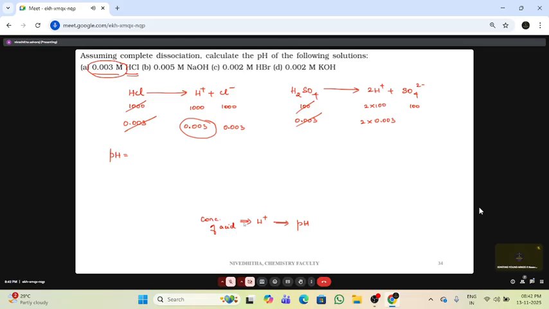So how can 0.003 be written? 3 into 10 power minus 3. Calculate the pH for the first case, that is for HCl.